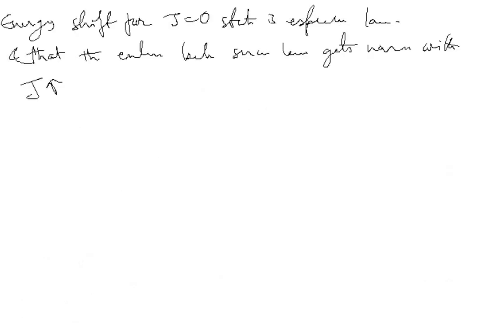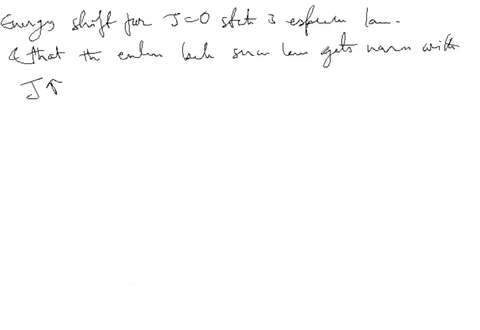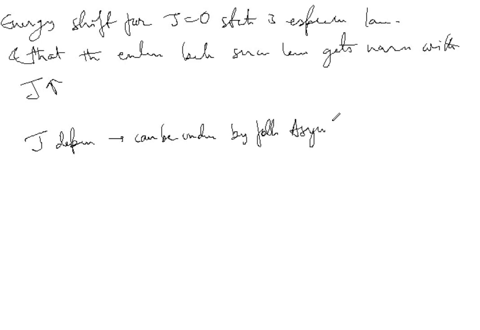Now this J dependence, which I have shown previously in this figure over here, can be understood by following an asymptotic formula, which holds for small j and capital J large.